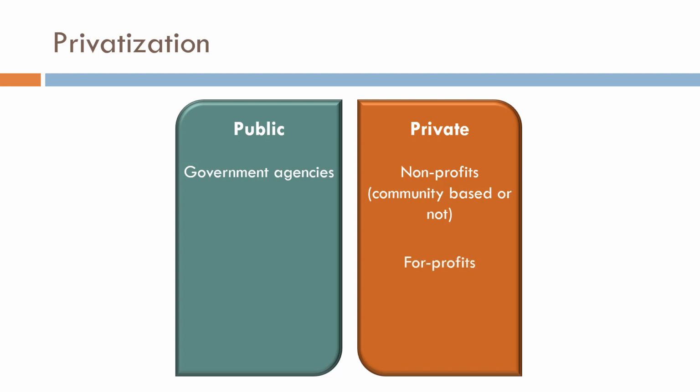As the name suggests, nonprofits do not make a profit off of the service delivery, whereas the for-profits actually do, but they're both considered private entities. In terms of benefits, when it comes to government agencies, there's more access, it's generally lower cost, and there's accountability. The whole low cost thing is a sticking point, but I'll talk about that in the next video.